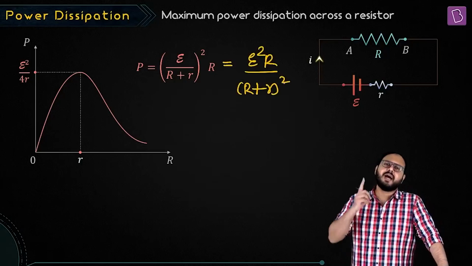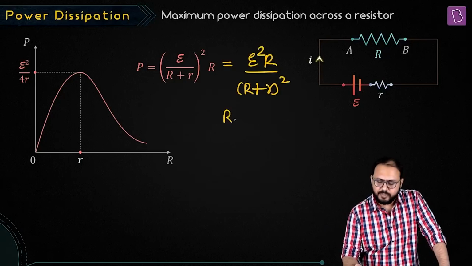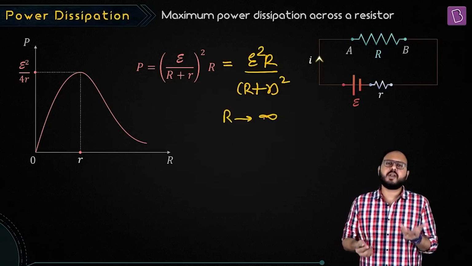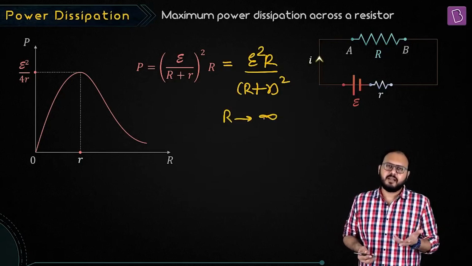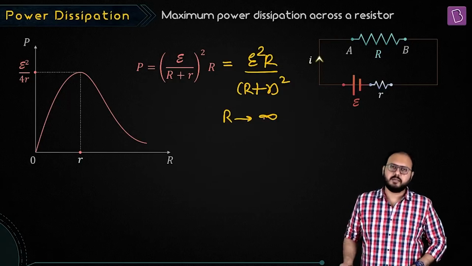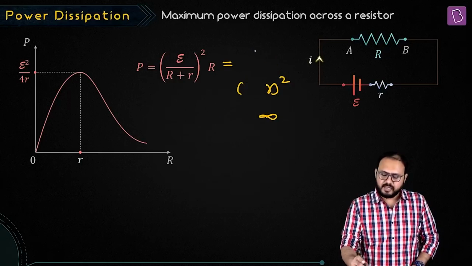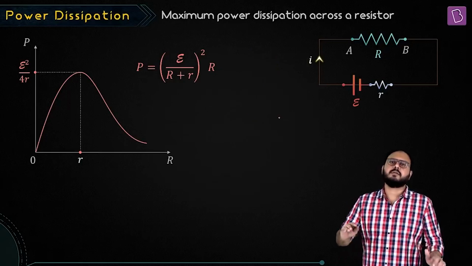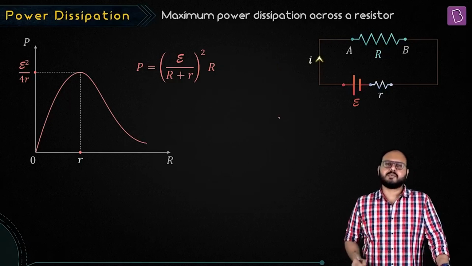At very high values, when R tends to infinity, the square of a very big number will win, so eventually it will lead up to 0. So if I draw the graph, it is going to be asymptotic, converging to the x-axis, which is the resistance.